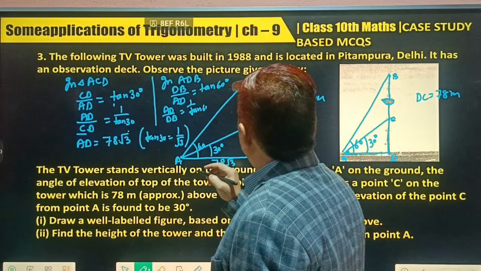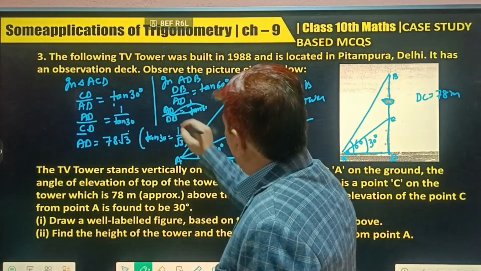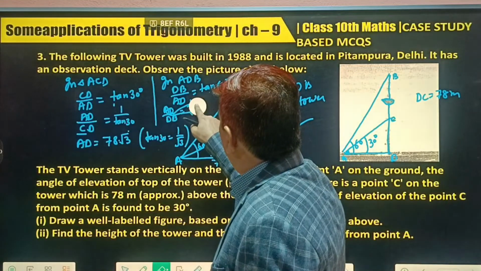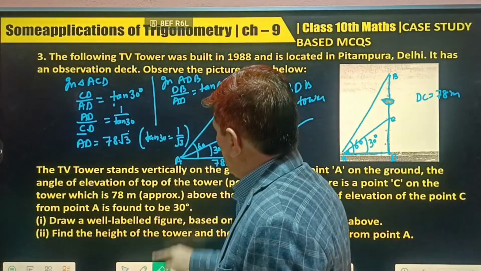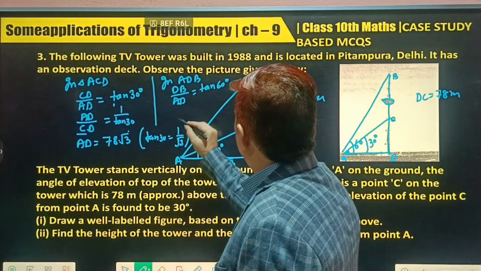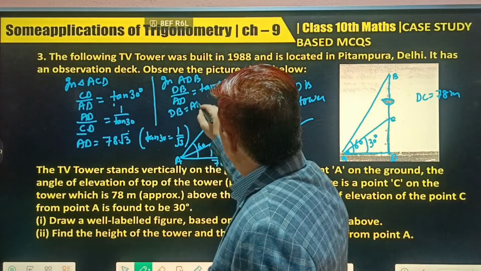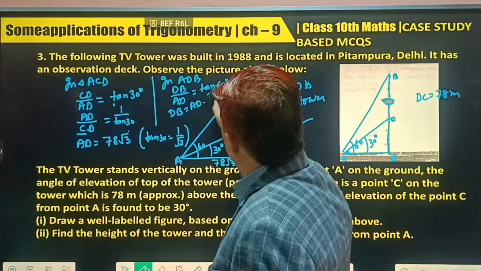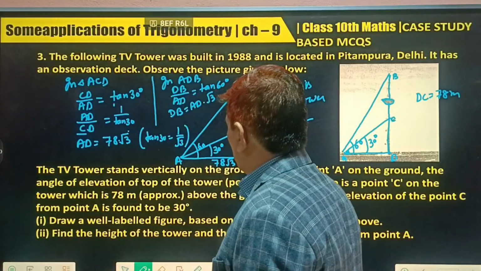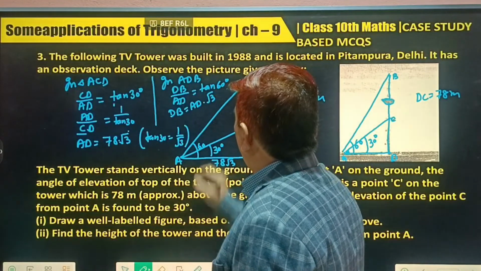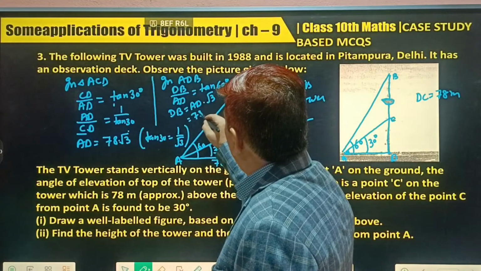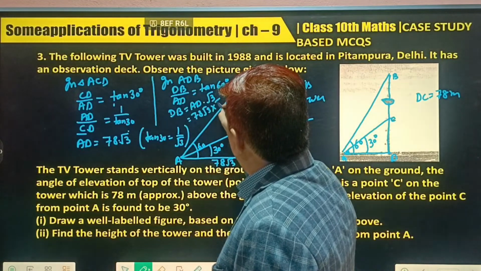What we have to find out is DB, so we need not write this directly. DB is equal to AD into root 3. So what's your AD? AD is equal to 78 and root 3 into root 3.